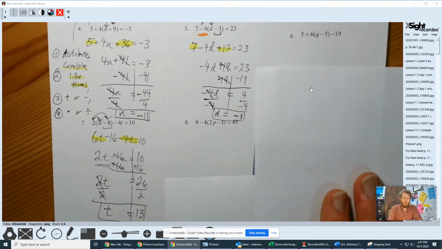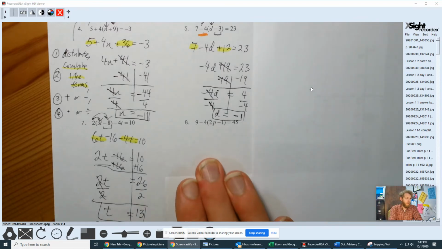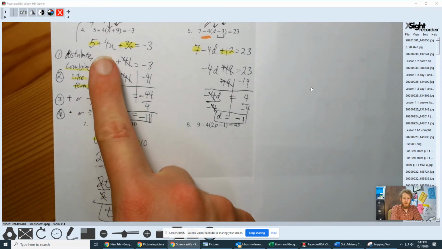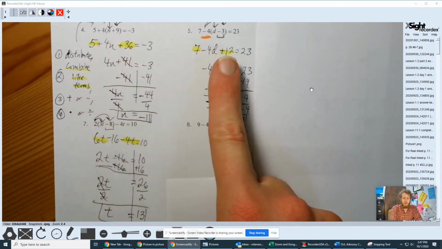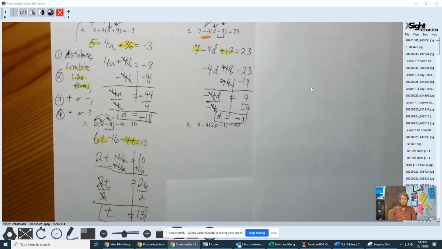There it is. Okay, I have some problems that I left out of this because I didn't want to use those. On each and every one of these, I can distribute first by multiplying a number that's on the outside of the parentheses. Just like that. Each time, I have terms that need to be combined because I see either the variable showing up in more than one place, or I have numbers showing up in more than one place that don't have a variable.